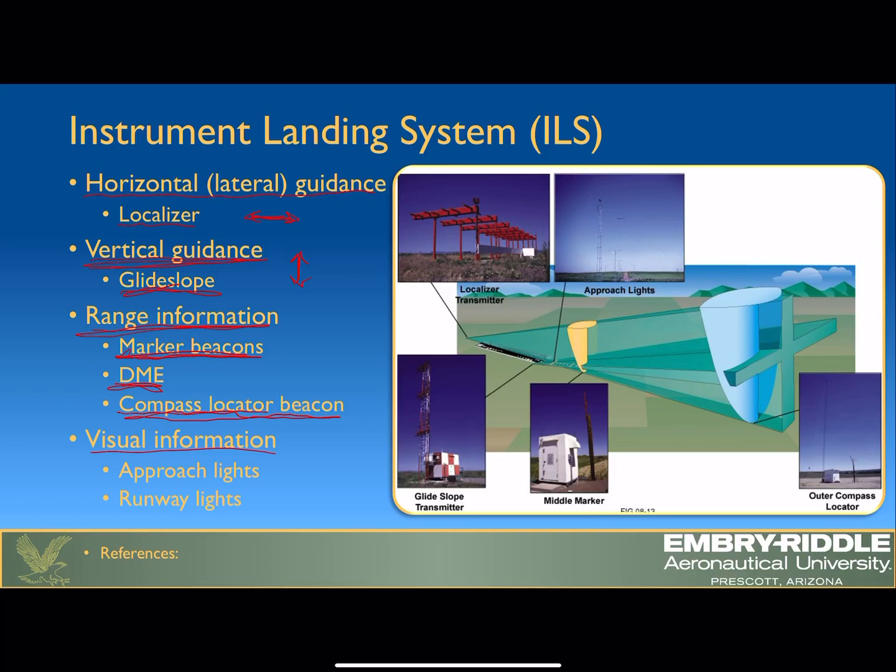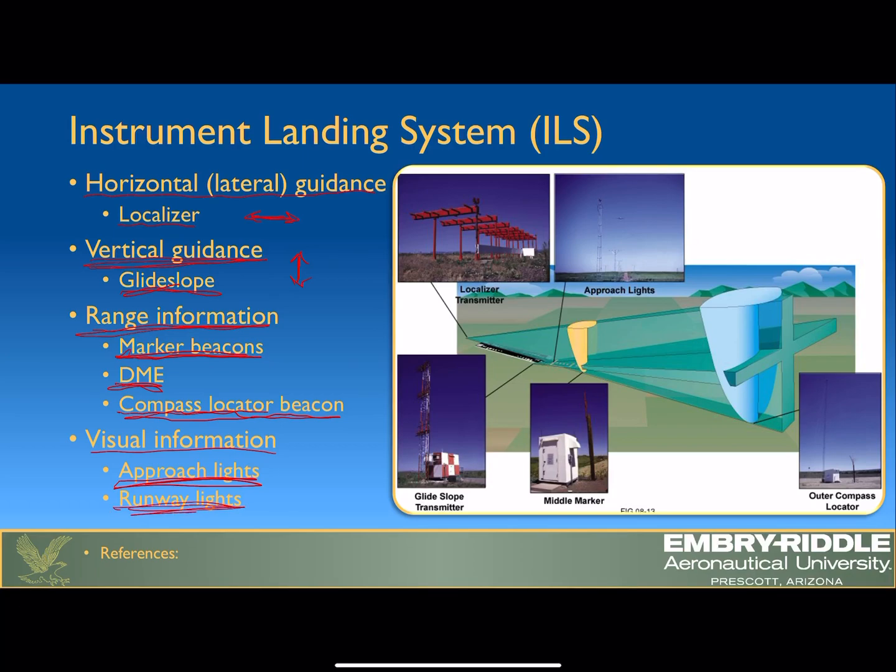And then finally, we have visual information. With visual information, eventually the idea is that you will break out of the clouds as you approach a runway using the instrument landing system. Eventually, we want to be able to see that runway. So we rely on approach lighting systems, a series of lights that help us find the approach end of the runway, as well as the runway lights themselves.